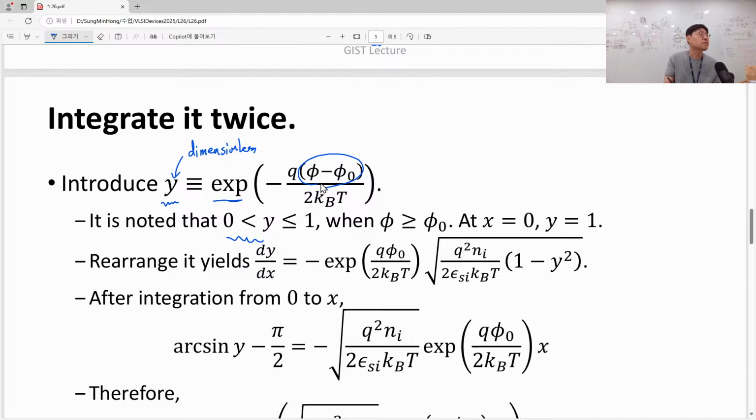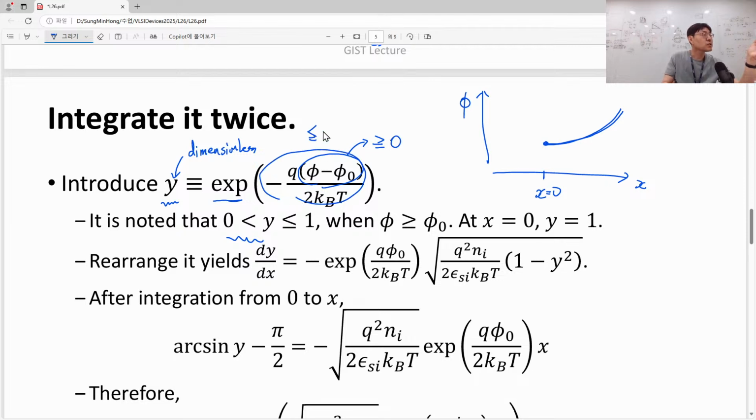Here we have the difference between the potential at any point and the midpoint potential, and from x equal to 0, the potential, not energy, is going up. So this can be regarded as a non-negative number, which means that this one is a non-positive number. So this y variable is always lower than or equal to 1.